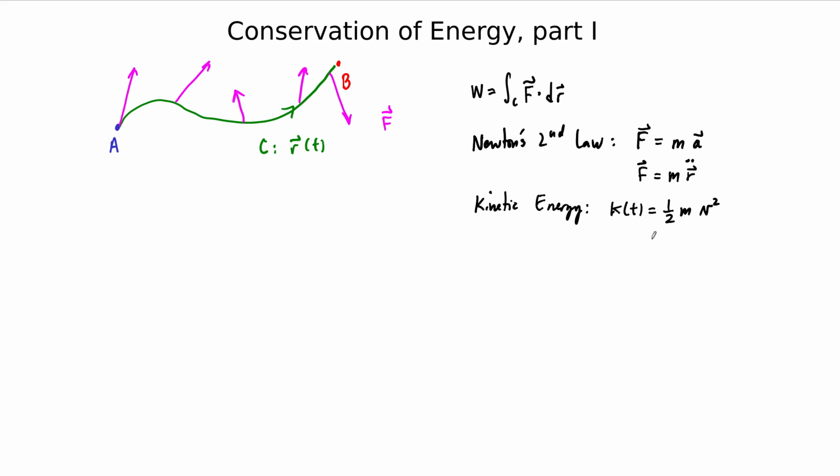So another way to write this is 1/2 m times the magnitude of the vector v of t, squared. The vector v is the velocity, and the velocity vector is the first derivative of position. So it's not r double dot, but it's r dot. And so our kinetic energy function is 1/2 times mass times the length of r dot of t squared. Again, this is our function k of t.